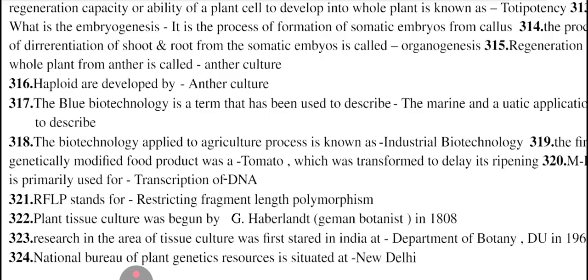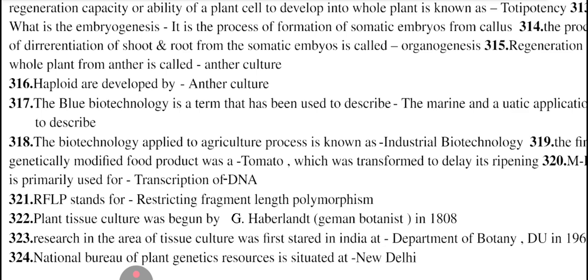The first genetically modified food product was tomato, which was transformed to delay its ripening. mRNA is primarily used for transcription of DNA. RFLP stands for restriction fragment length polymorphism.